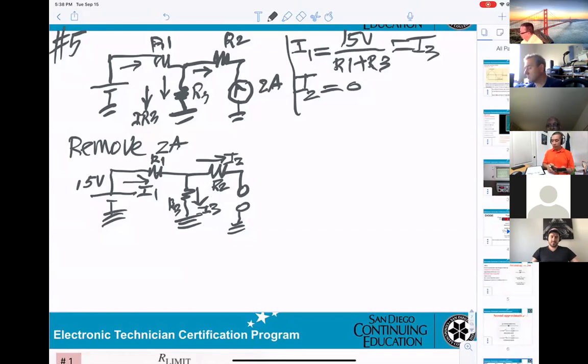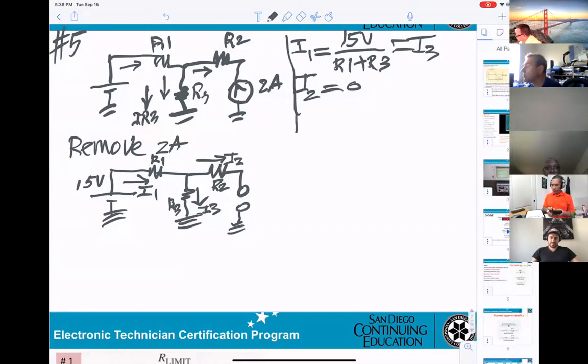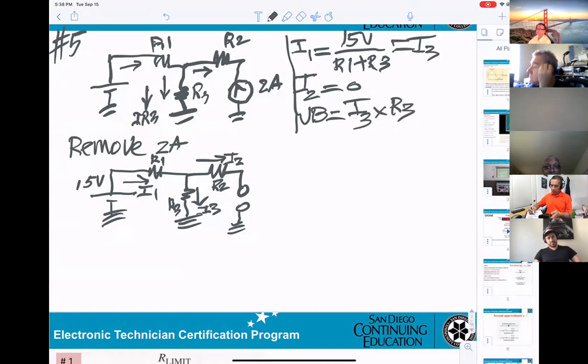Okay, VB equals I3 times R3, right? I just gave you the formula, I'm not trying to do the calculation.